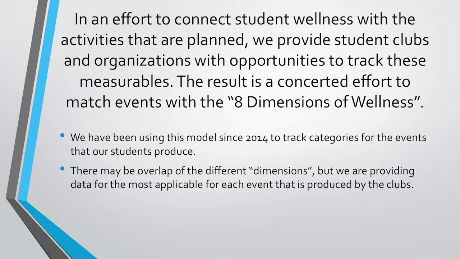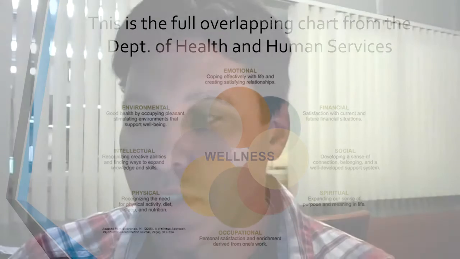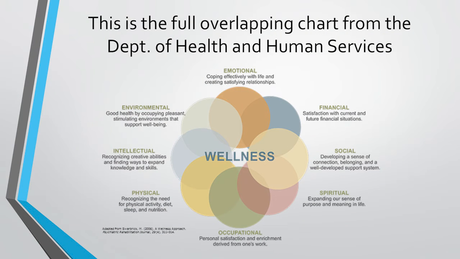There is a bit of overlap on some of the dimensions, but we're looking for them to look at the one that is the most applicable for the program they're producing.